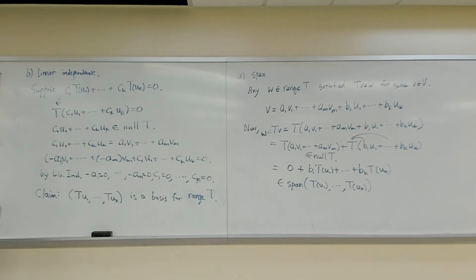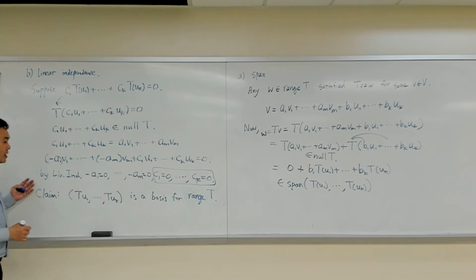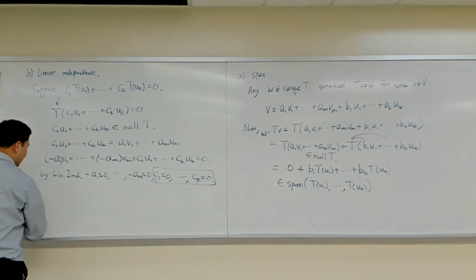Okay, so we proved what was to be proved, which is that C1 through CK has to be 0, and that's done, right? And that's the conclusion of the proof of the claim. And because we finished proving the claim, the whole theorem is proved. So now we can erase this and say QED.